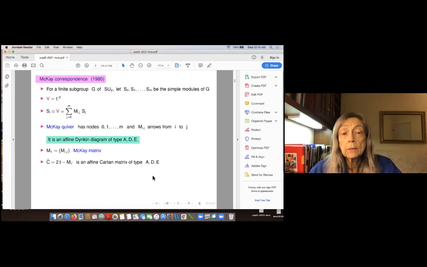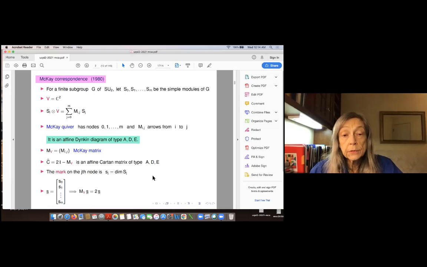And what's really going on is that 2 times the identity minus this matrix is an affine Cartan matrix of type ADE. The mark on the node of the Dynkin diagram is the dimension of the simple modules, the S_j's.